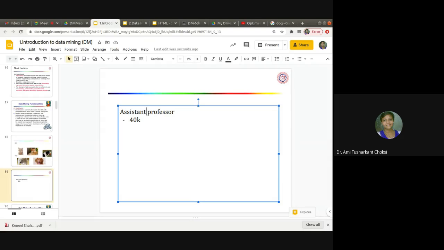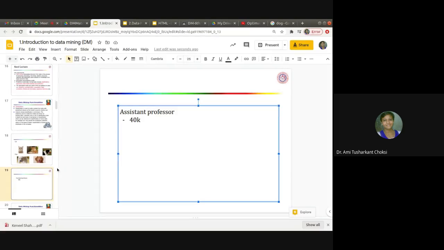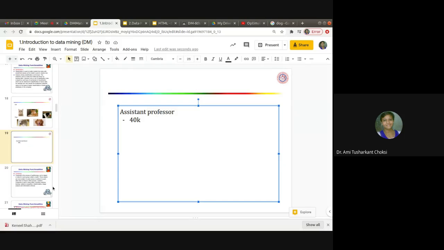Something like this, they are having this study qualification, and if they are getting permanent into engineering college, we can say them as assistant professor. And what will be the salary? We can definitely say that it is the base salary, that is 40K. Fine, something like that. That is the first salary which they are getting. For example, right? This is not the true digit. I have only said as example.